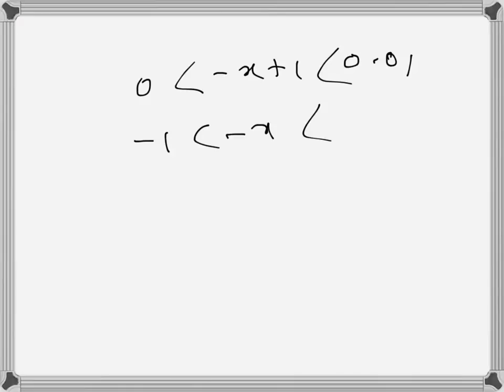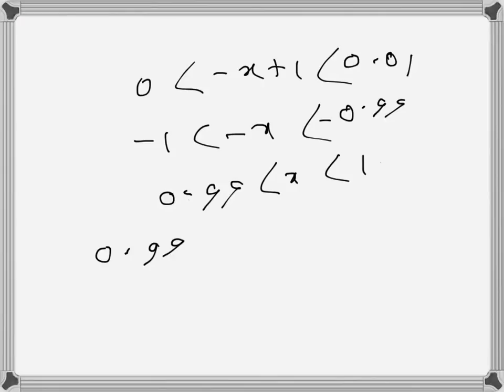If we take the negative sign, this becomes minus x plus 1 equals 0.01, so x equals 0.99. So together we can say that x has to be within 0.99 and 1.01. However, x cannot be 1, which we have to remember. So this is what we can have for x.